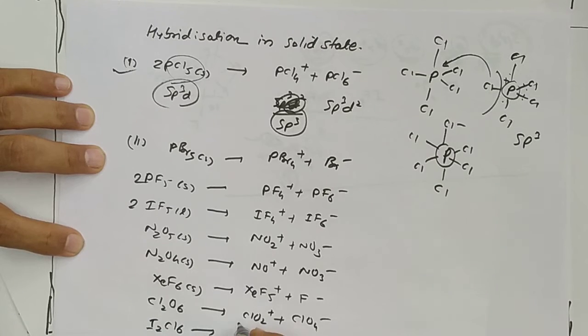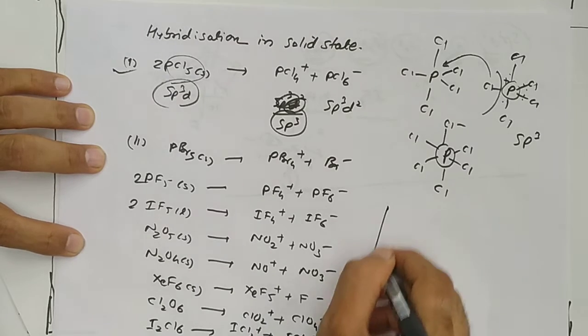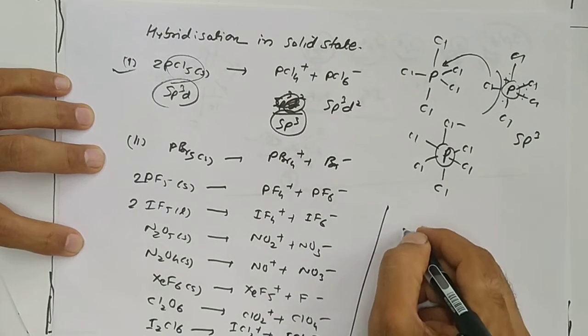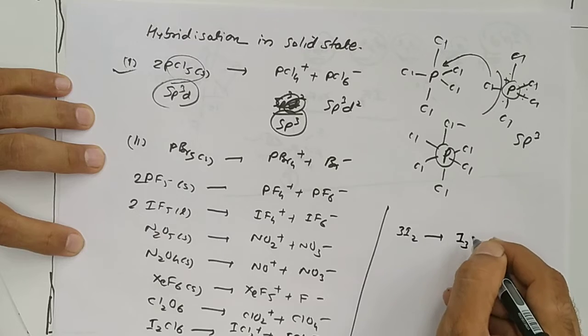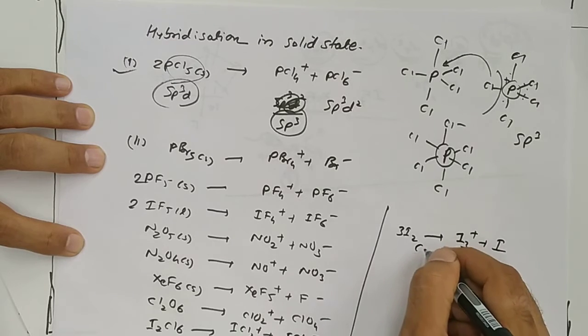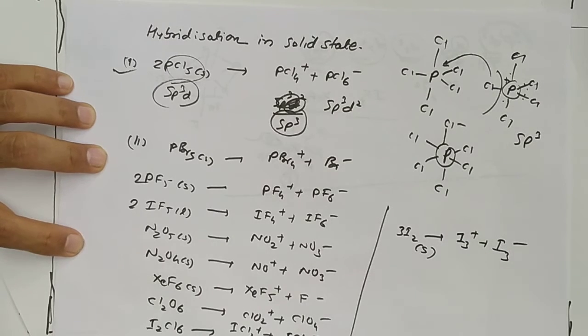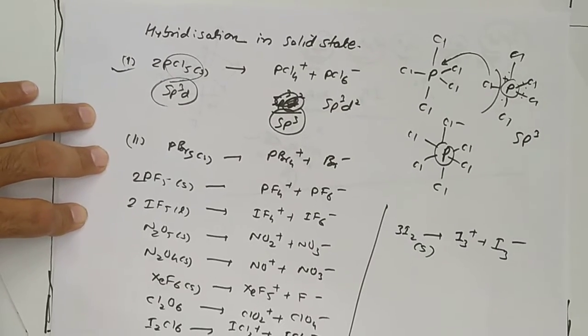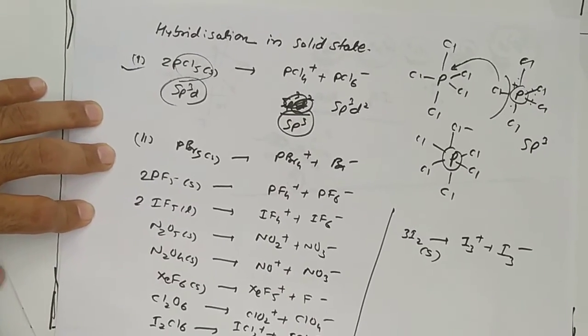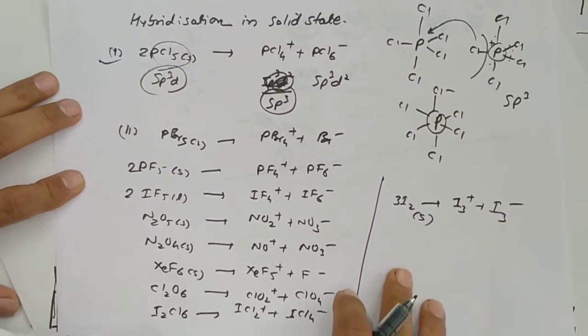I2Cl6 gives ICl2 plus and ICl4 minus. Like this, 3 mole of iodine gives I3 plus and, in solid state, I3 minus. I3 minus we have discussed.